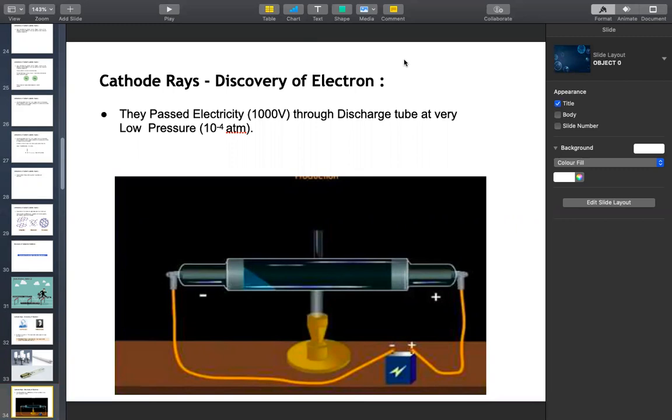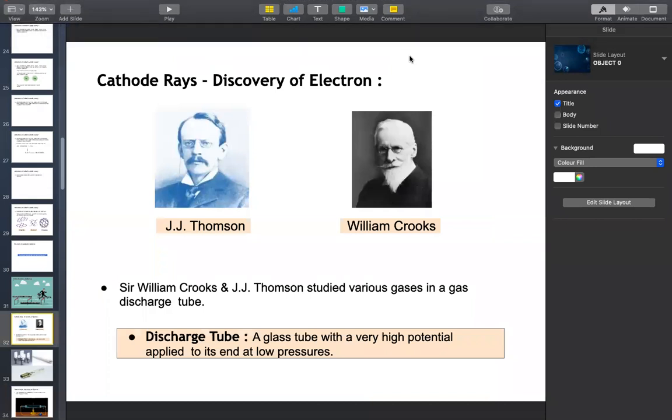Sir, could you go back to the low pressure discharge tube definition for a moment? Pardon? You want me to show the definition one more time? Yes, for the discharge tube. Wait. Write it fast.